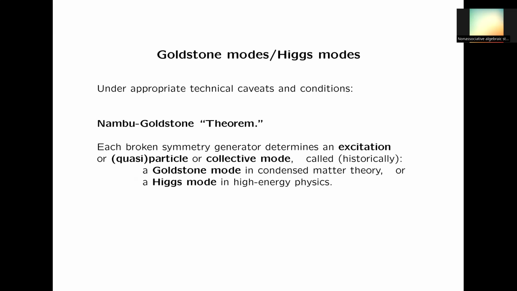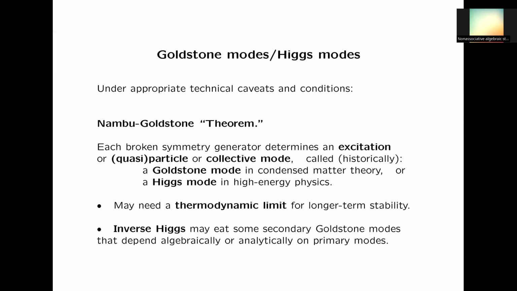It's not as simple as I'm trying to make it appear. If you want some kind of stability, you might need to go to what is called the thermodynamic limit for long-term stability. That's a big issue that I don't have time to get into in 20 minutes, but that's one of the key words to be aware of.